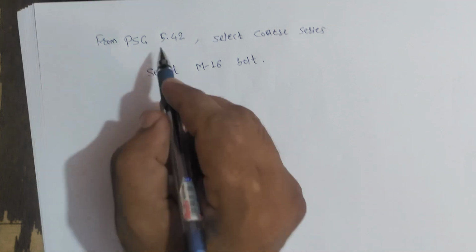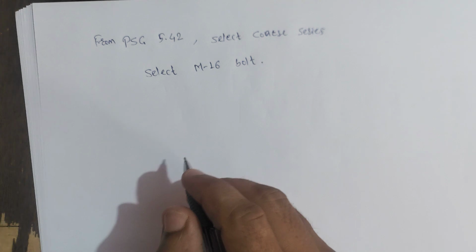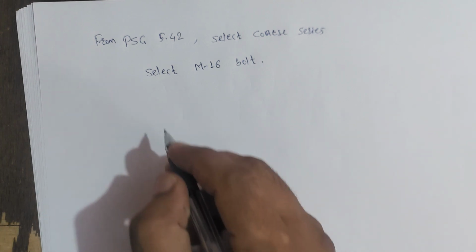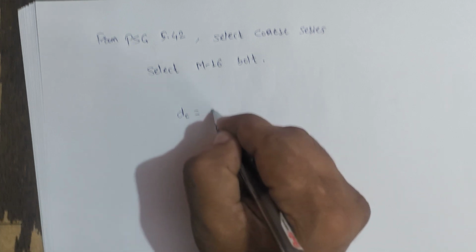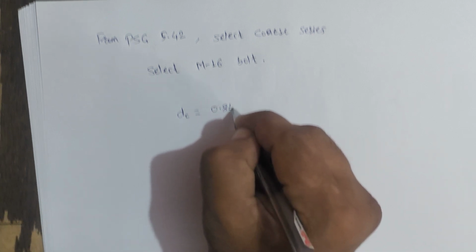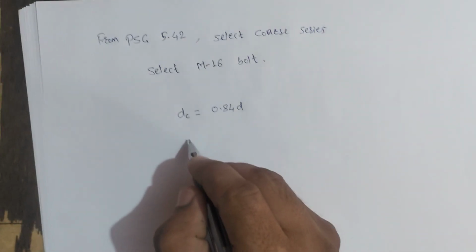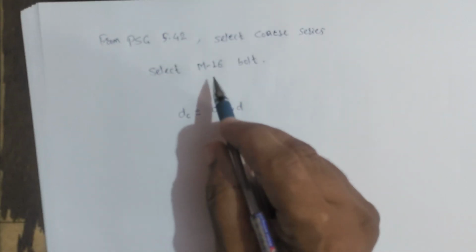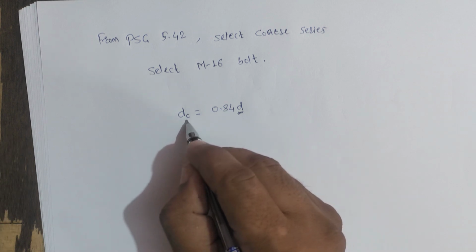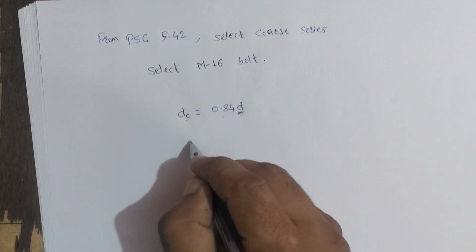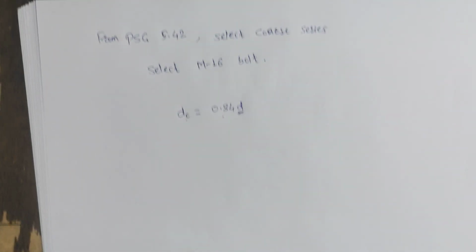Suppose in PSG, in the coarse series, that value is not available, or without PSG, how can you select the standard diameter? So there is a formula, DC is equal to 0.84 D, and from this empirical equation you can find the size of the bolt, which is D. If we have calculated DC, from this formula we can calculate D, that is the final diameter, which is the nominal diameter.